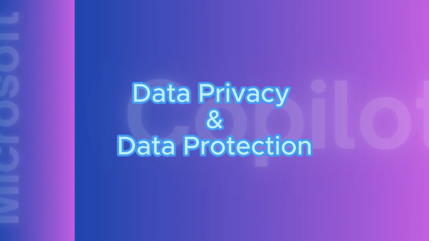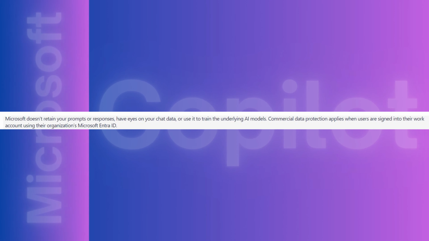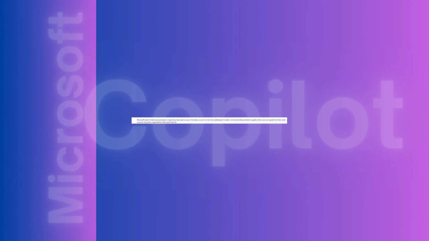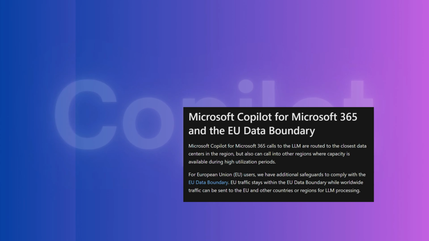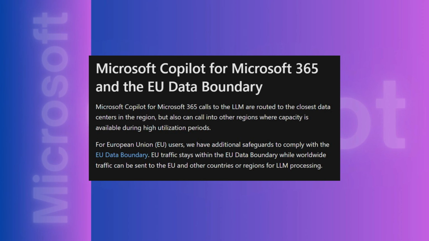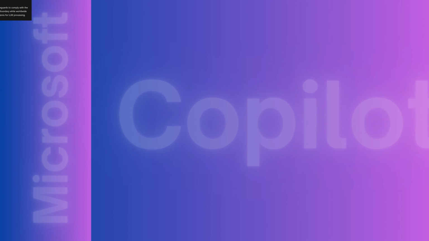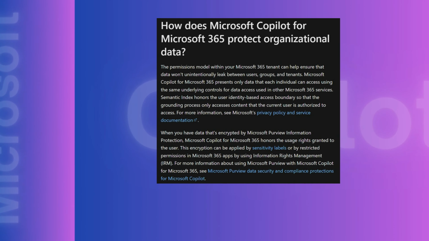Let us check data privacy and data protection. One of the data privacy features which Microsoft applied in Copilot for Work and Business is commercial data protection, which means Microsoft doesn't retain your prompts or responses or use them to train the underlying AI model. That means Microsoft is not using your business data to train their LLM outside the business.